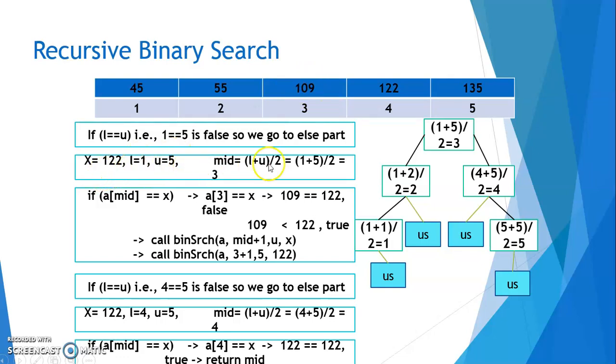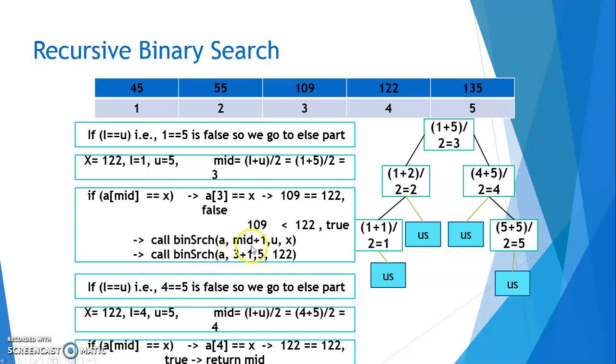So the elements are not the same, and we will call binary search. How will we call binary search? Now here the element in the array is smaller than the item to be searched, so we will look in the upper part of the array. We call binary search with mid plus 1 and U as the lower bound and upper bound of the array.